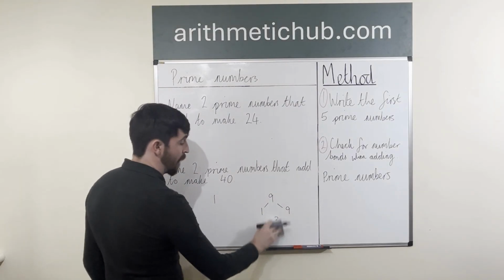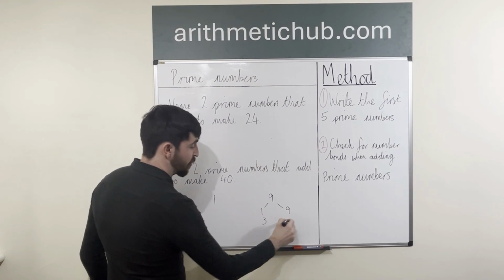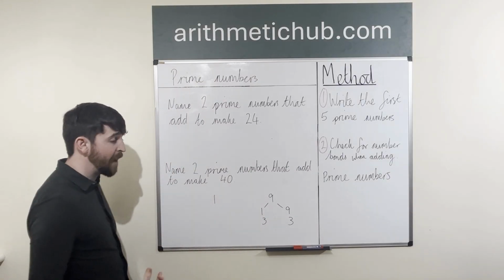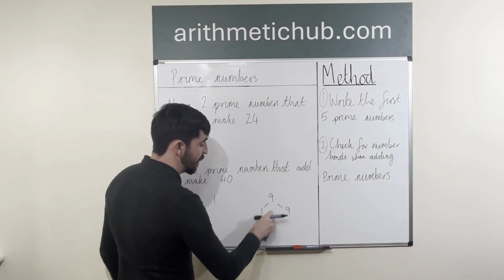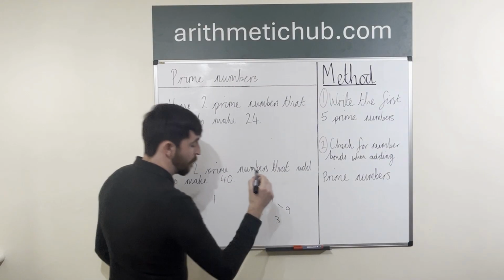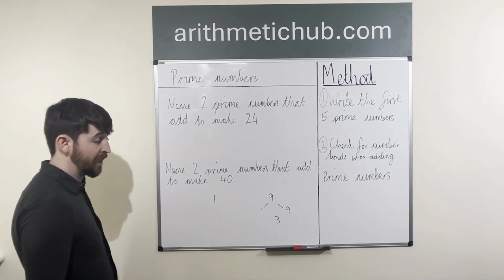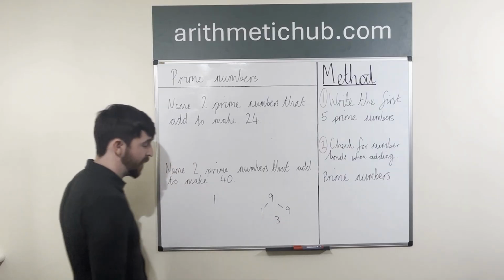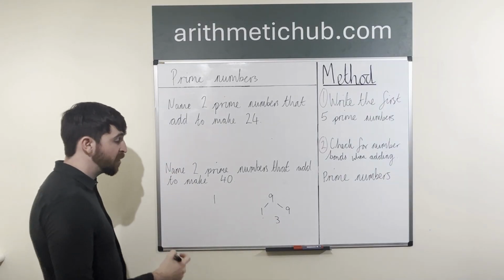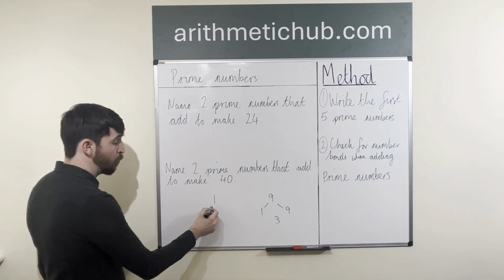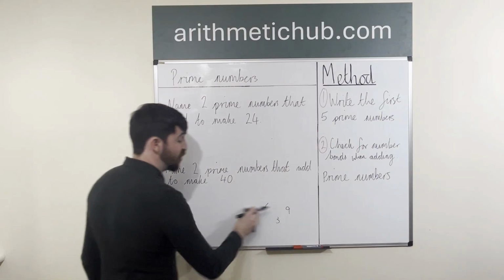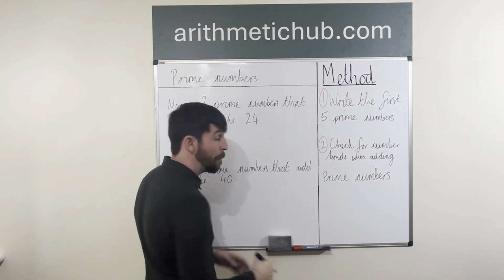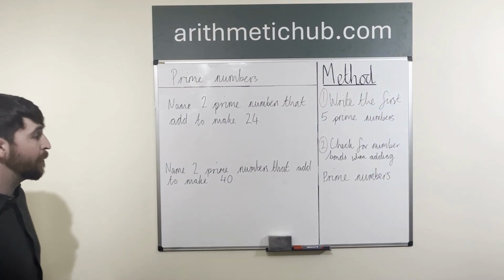We don't write 3 times 3, because it can't have a factor pair where both of the factors are the same number. So instead we write 3 in the middle here, because 3 times 3 is also going to give you 9. So this would have 3 total factors. The only thing that would multiply to give you 1 would be 1. So 1 is the only number with 1 factor, so it's not prime, because it has to have 1 pair of factors to be prime, okay?